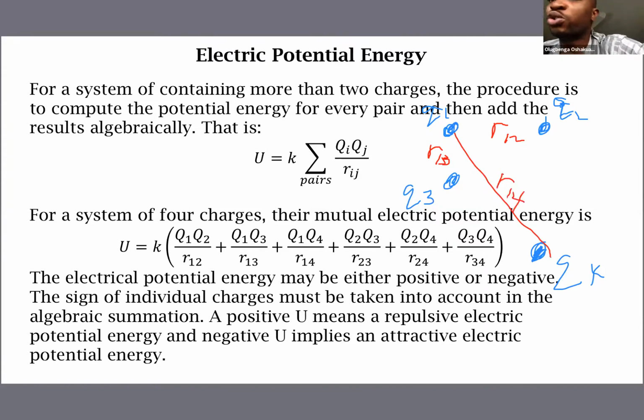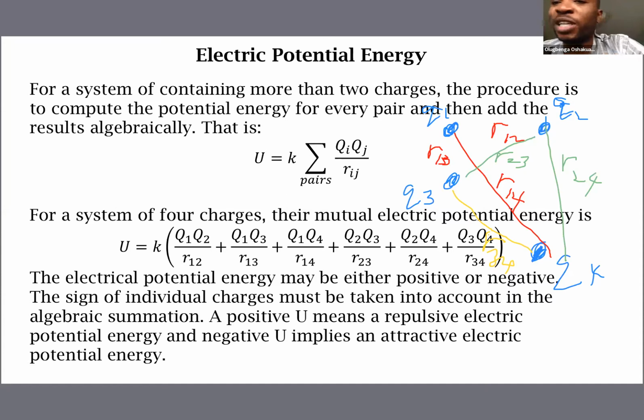The distance between Q2 and Q3 is R23, between Q2 and Q4 is R24, and between Q3 and Q4 is R34. So the distance between each pair is important in determining the electric potential energy of a system of more than two charges.